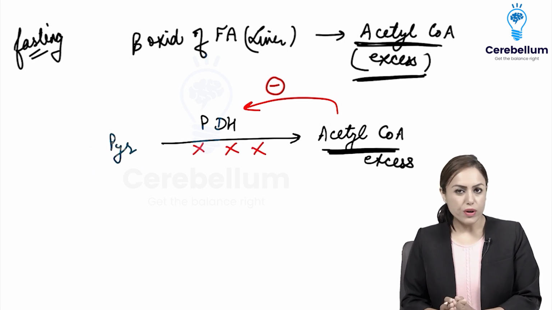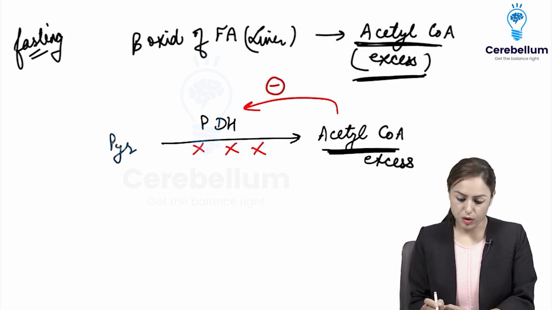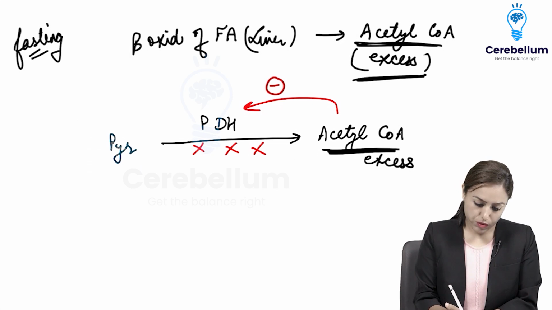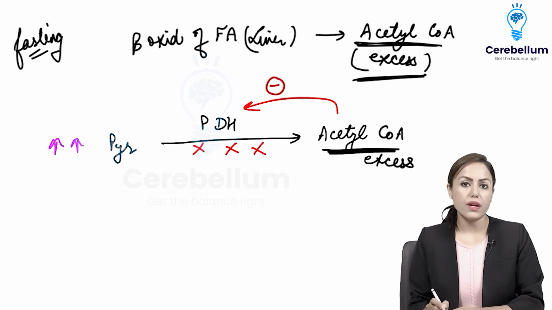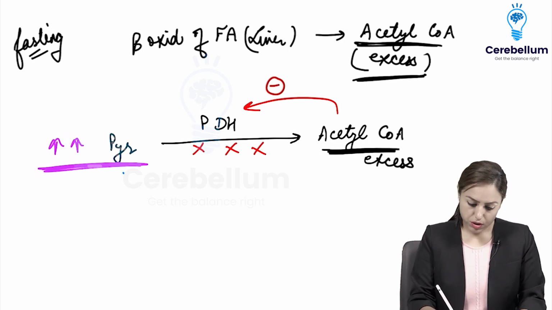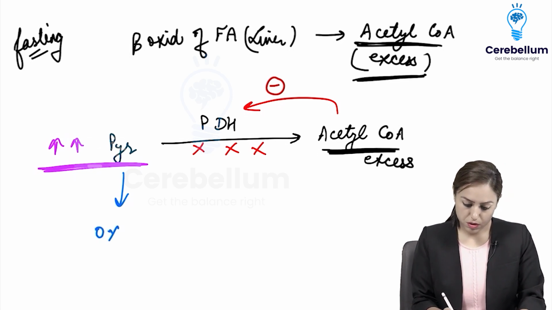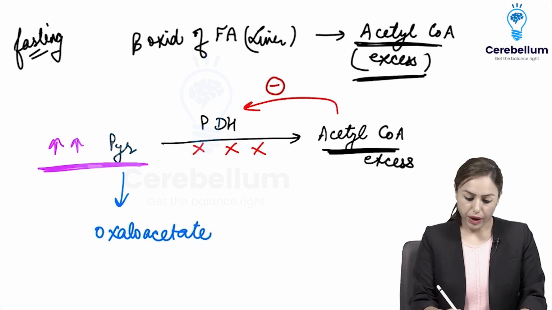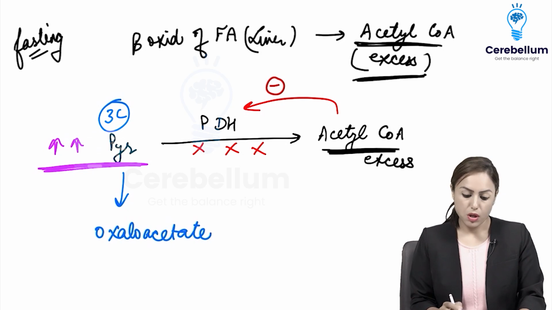We already know that the link reaction is a kind of anabolic reaction. It occurs in fed state and not in fasting state. So the link reaction will not occur, and the substrate of the link reaction, pyruvate, will start accumulating. So this pyruvate will be diverted for the formation of oxaloacetate. See, pyruvate is a 3-carbon compound.